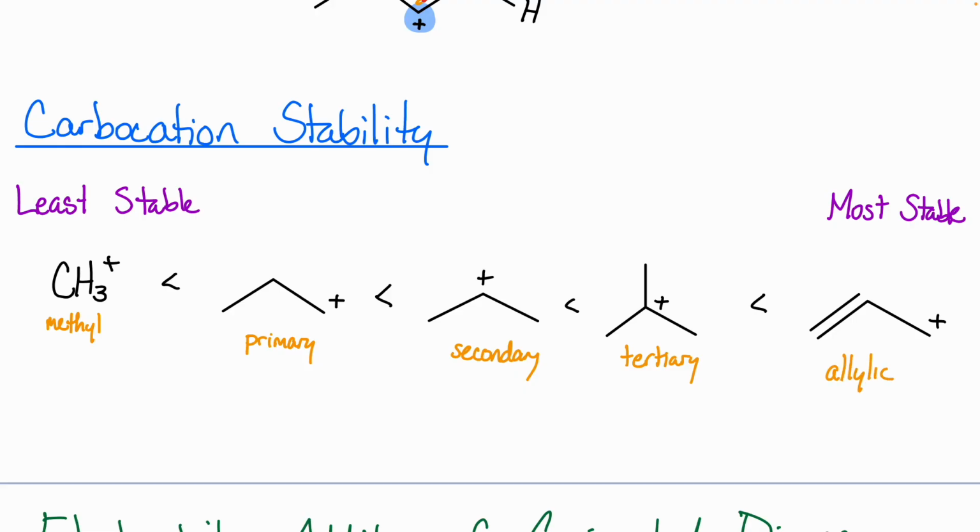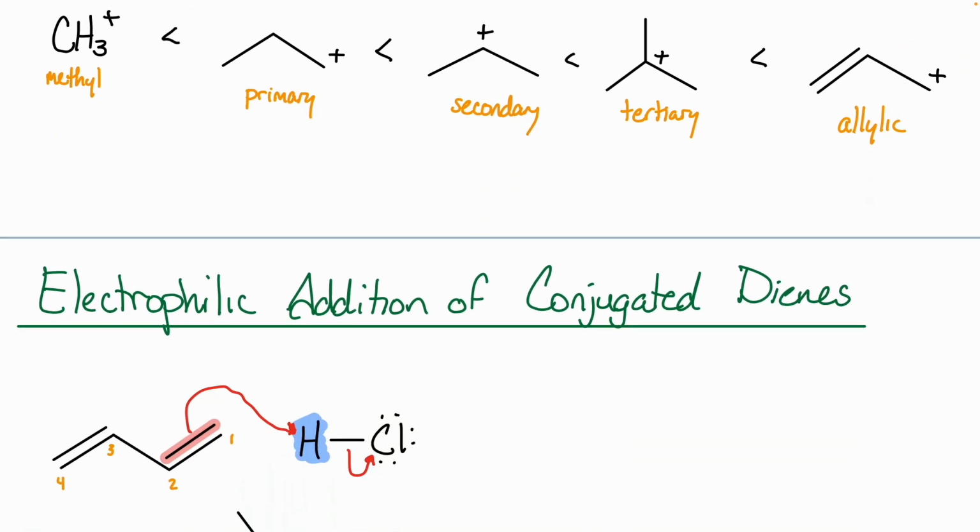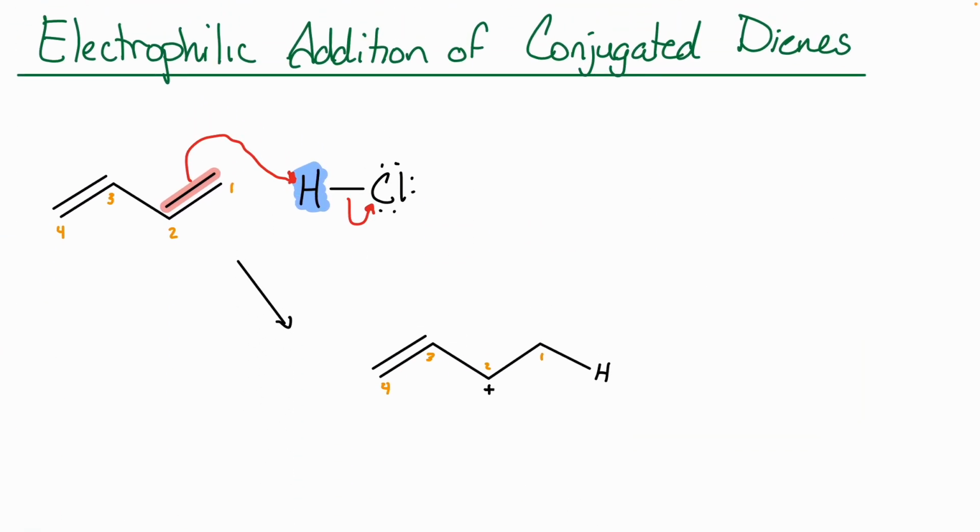All right, that's the most stable carbocation that you can have. Okay, so it actually wouldn't matter whether carbon 2 was more substituted or less substituted. It would always form on carbon 2 because that's the allylic position, because that's the position located right next door to that other carbon-carbon double bond.